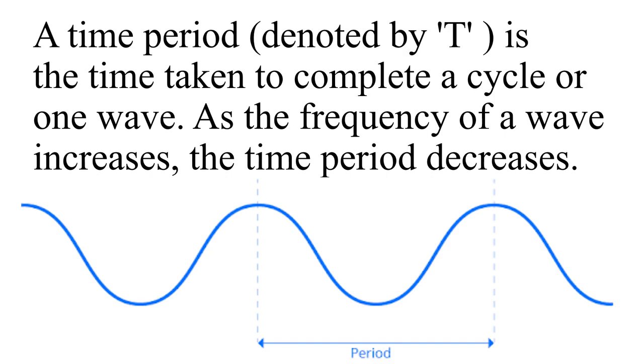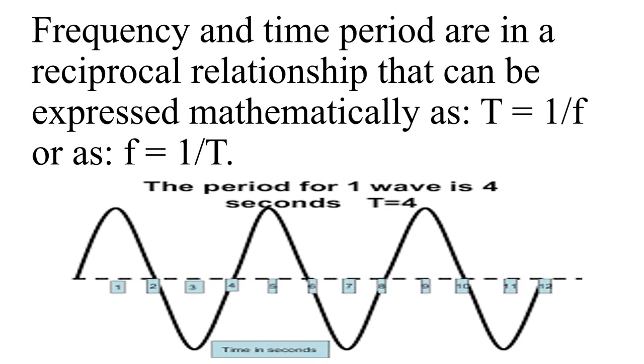You can check here that the time taken to complete one oscillation is termed as time period. Frequency and time period are in a reciprocal relationship that can be expressed mathematically as T equals 1 upon f or as f equals 1 upon T.